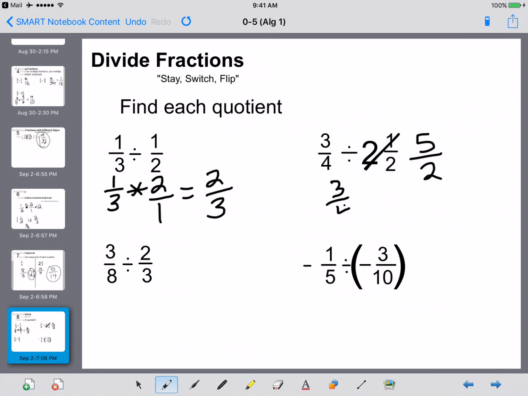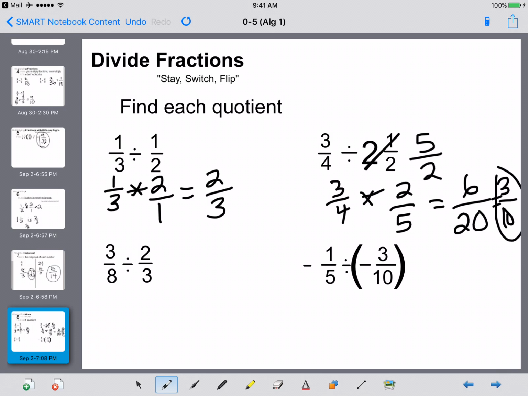Stay, switch, flip, then multiply across, 6 over 20. Or 3/10 if we simplify.